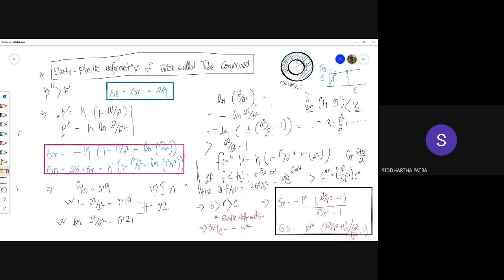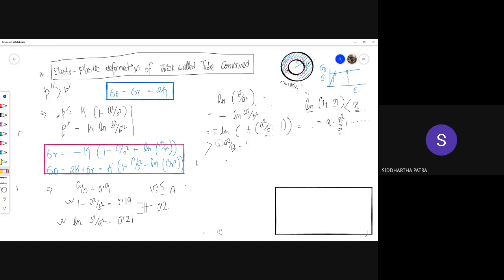Sorry. Yeah, mistake. So that means ln of 1 plus a squared by b squared minus 1 is smaller than a squared by b squared minus 1.